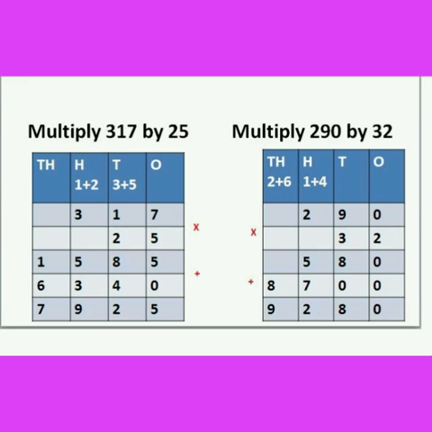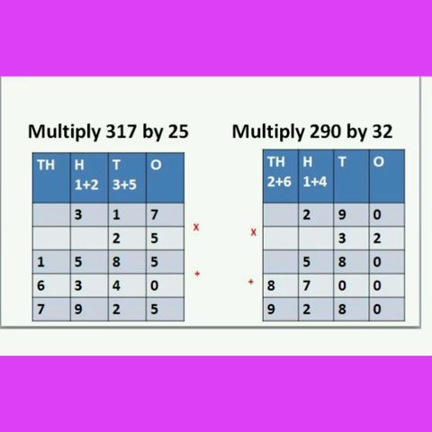Next, multiply 317 by 25. So when 317 is multiplied by 25, we will get 7925 as the product. Next, multiply 290 by 32.